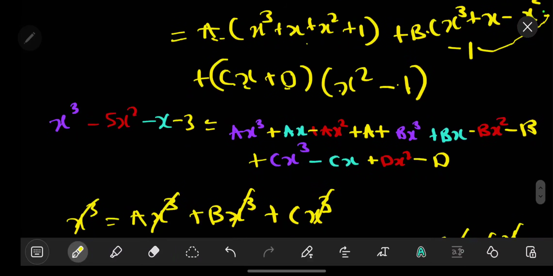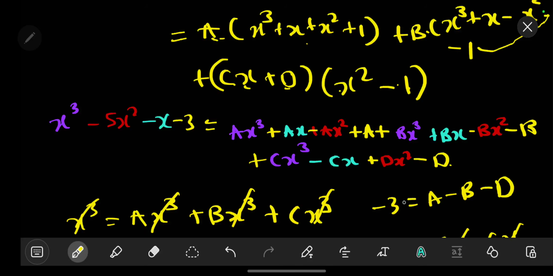Then to find our c, we get all the terms that are without x, which are remaining, and equate them. So the terms we get are negative 3 equal to a minus b minus d. Where's our c?